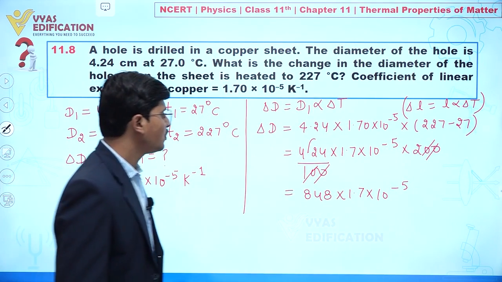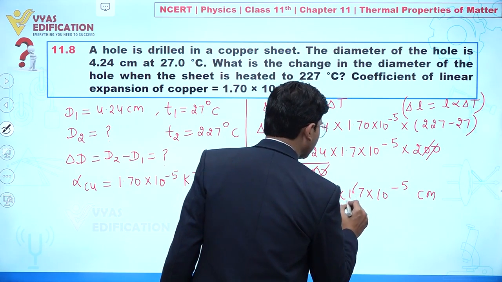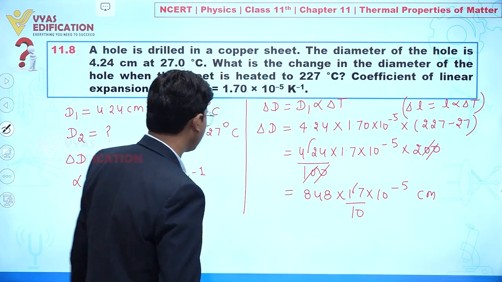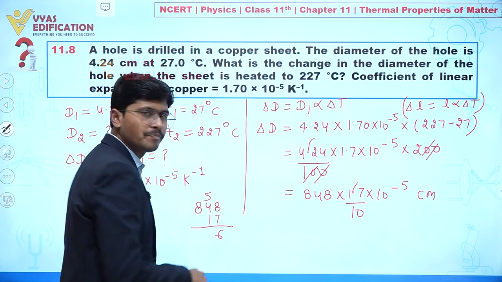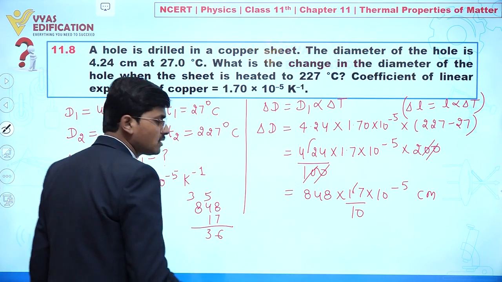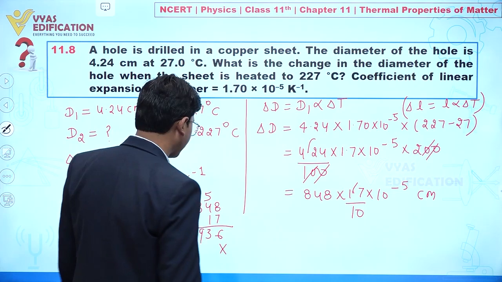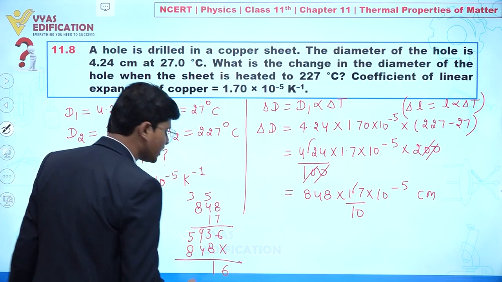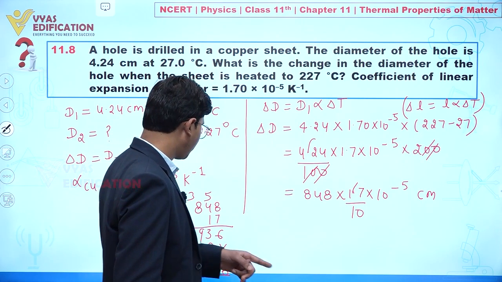This value is in centimeter. If I remove the decimal, we multiply 848 into 17, which gives 14416.